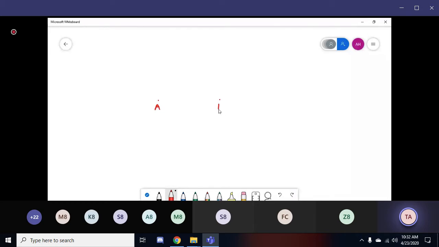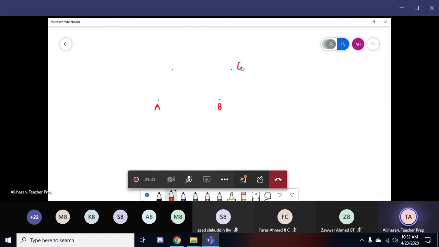C would not be right in front, just right above B, because a parallelogram has one side a little bit slanted. Okay. What I have done? I have pointed C and D.